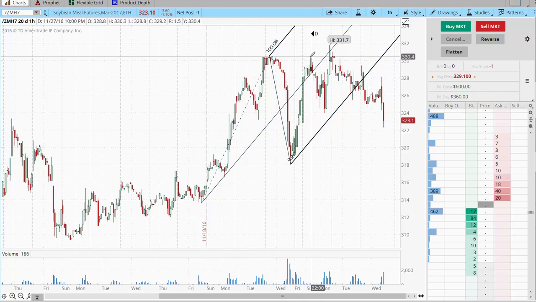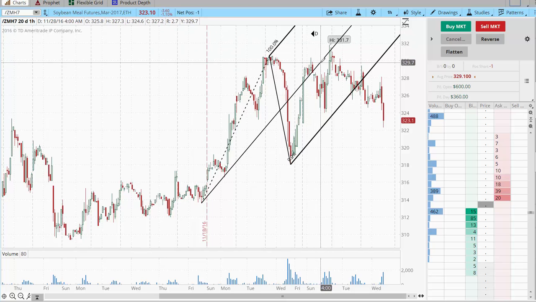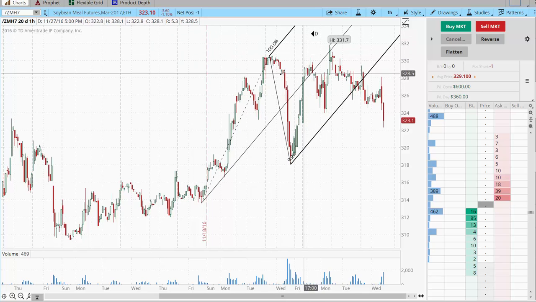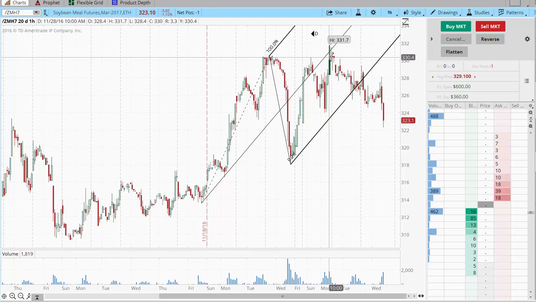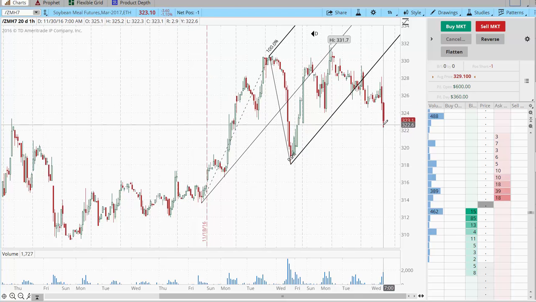Yes, notice how this one is way past the median line and this one barely ekes it out, okay? And we did have a D point here, which had nothing to do with this median line having divergence here, but we did happen to have that at the same time, and that's been kind of neat. And so now we travel here in the soy meal to the next D point.